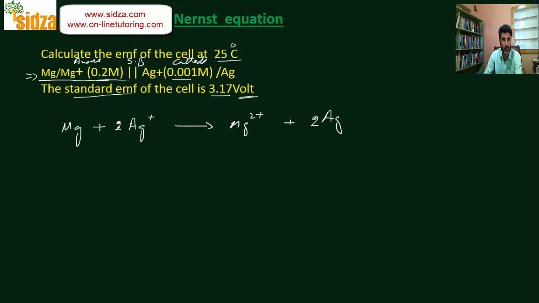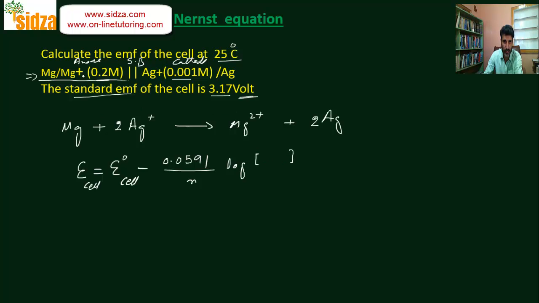So we have to find the EMF at these concentrations, 0.2 molar magnesium ion and 0.001 molar concentration of the silver ions. As per the Nernst equation, the EMF of the cell will be equal to the standard EMF of the cell minus 0.0591 divided by n, times the log of the concentration of the magnesium, because it is the magnesium which is getting oxidized.